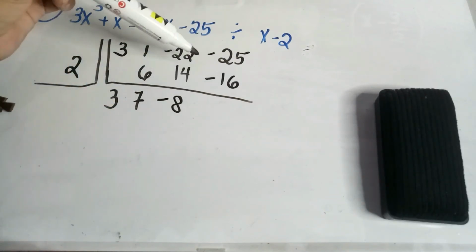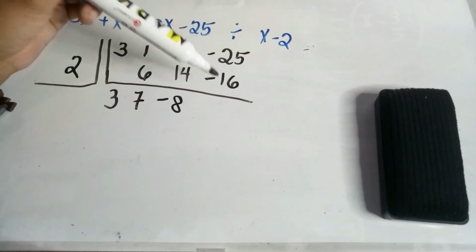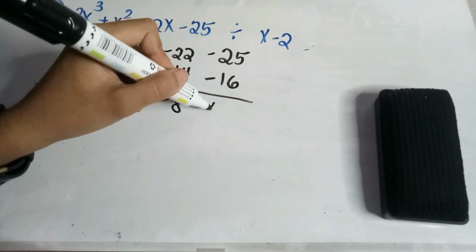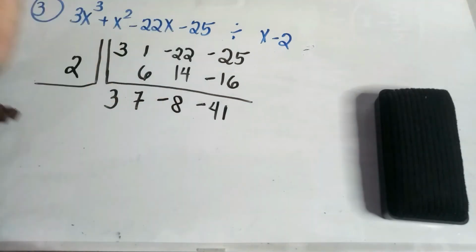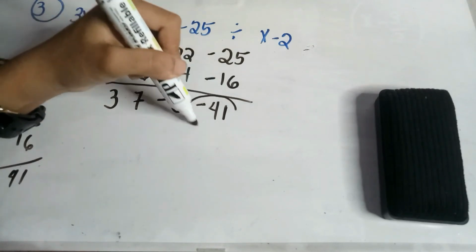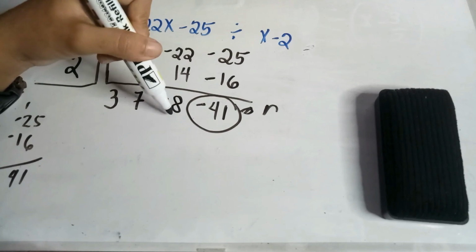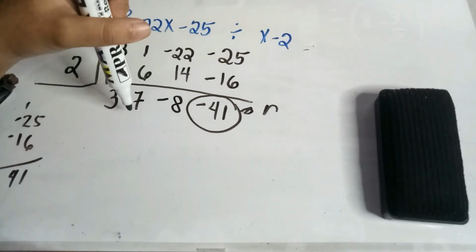Then negative 25 plus negative 16 is equal to negative 41. So negative 25 plus negative 16, 5 plus 6 is equal to 11, 1 plus 2 plus 1 is equal to 4. So we have negative 41 as the remainder, then negative 8 as the constant, then x, and then x squared.